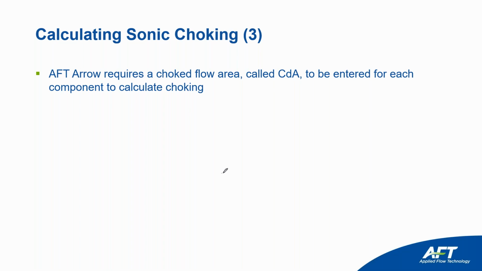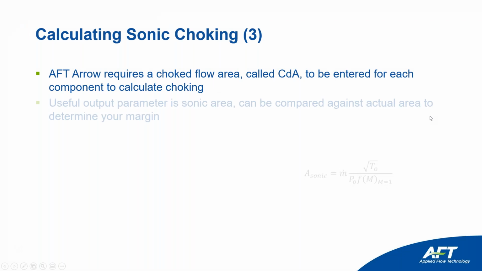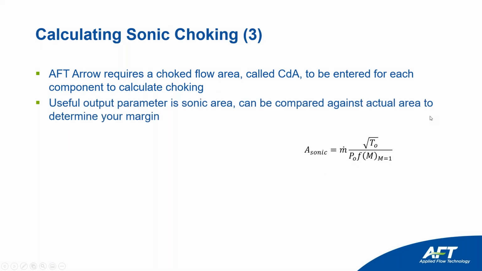All right. Change my drawing tool. And what we're going to look at here in a few minutes is a really helpful output parameter called the sonic area. This sonic area is simply that previous choked mass flow rate equation, which is rearranged for area, and this is the area when you are sonically choked at a Mach number of 1.